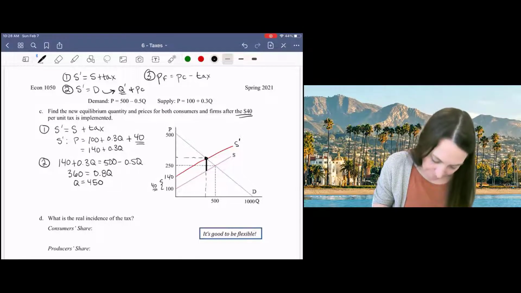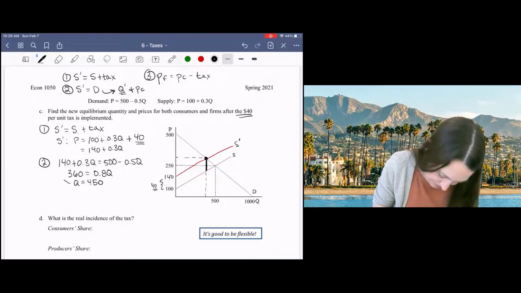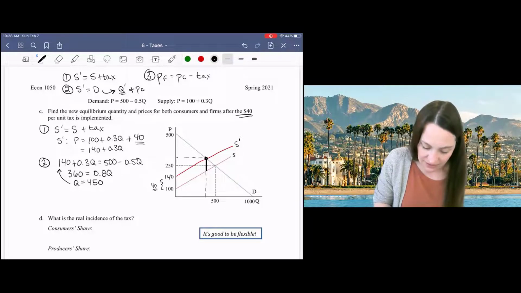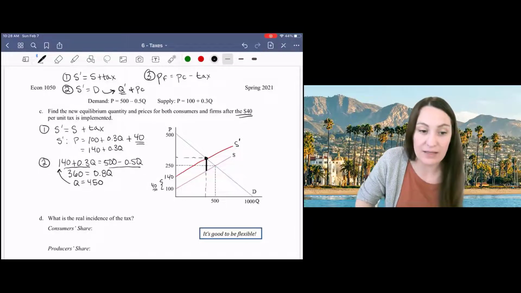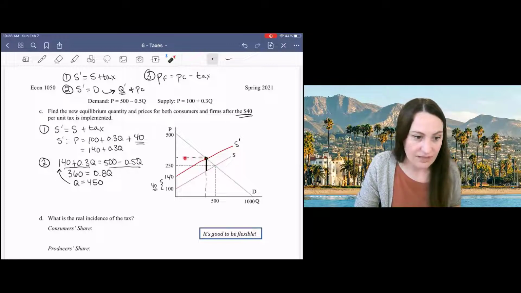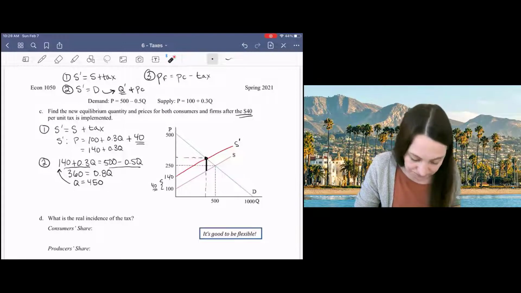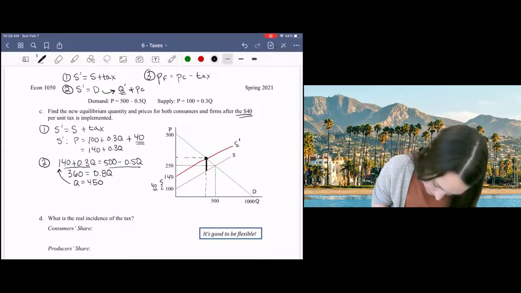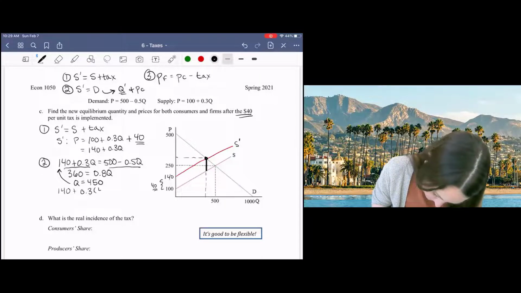And P, then I plug this back into either one of these equations, right? The demand curve or the new supply curve. And that will give me this price here, which is the price for the consumer. Okay, so I've got 140 plus 0.3 times 450.